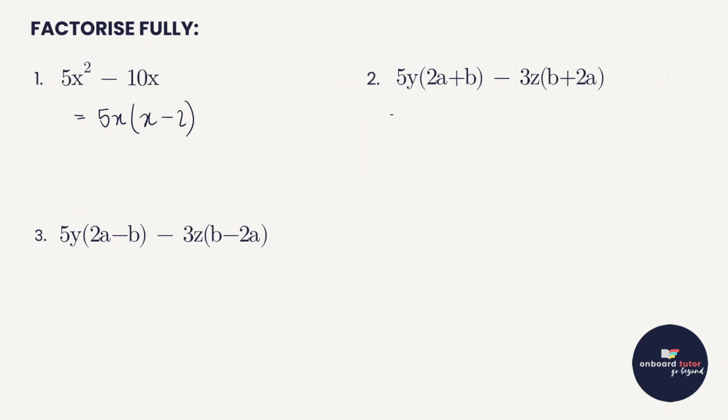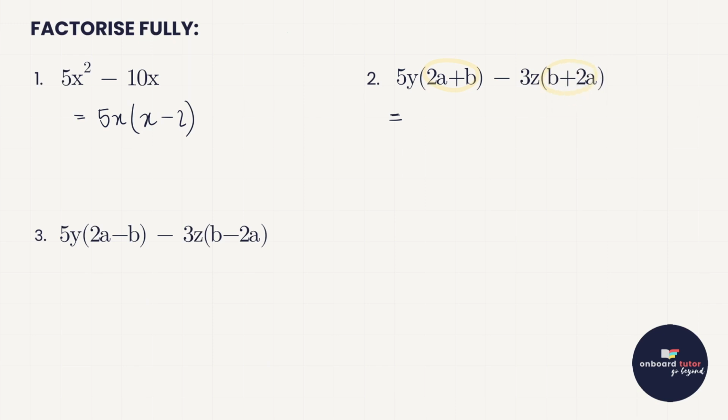So there we go. This one, what you may notice, is that the common factor is a whole bracket. 2a plus b appears in both of those brackets. Now it's always good to check. What you'll notice is that these brackets are actually not written in the same order. The first one is 2a plus b, and the second one is b plus 2a.